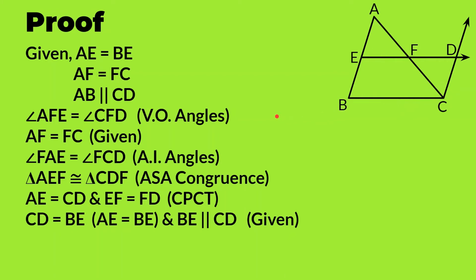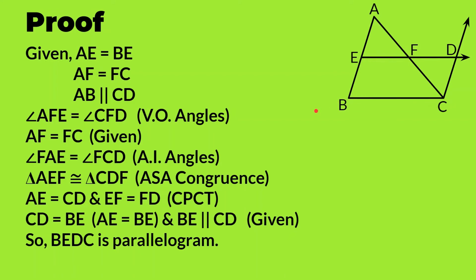So we can write that BEDC is a parallelogram, because when two opposite sides are parallel and equal in a quadrilateral, then it is definitely a parallelogram. So we can conclude that EF is parallel to BC.